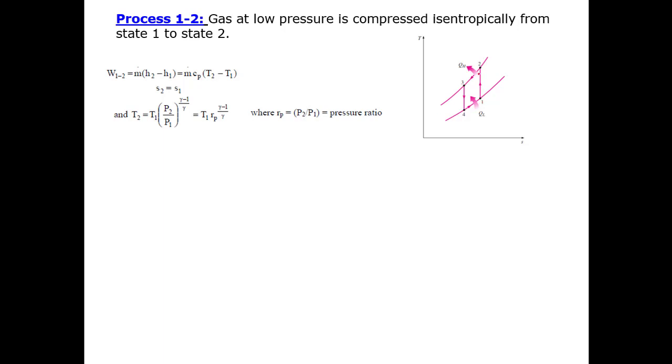Similarly, since that's an isentropic process and the cold air standard assumption is used, we can use the formula T2 by T1 is equal to P2 by P1 raised to the power (gamma minus 1) by gamma. Sometimes we use (K minus 1) by K, or sometimes the symbol gamma is used. P2 by P1 is known as the pressure ratio. You are already familiar with that. So that was process 1 to 2.